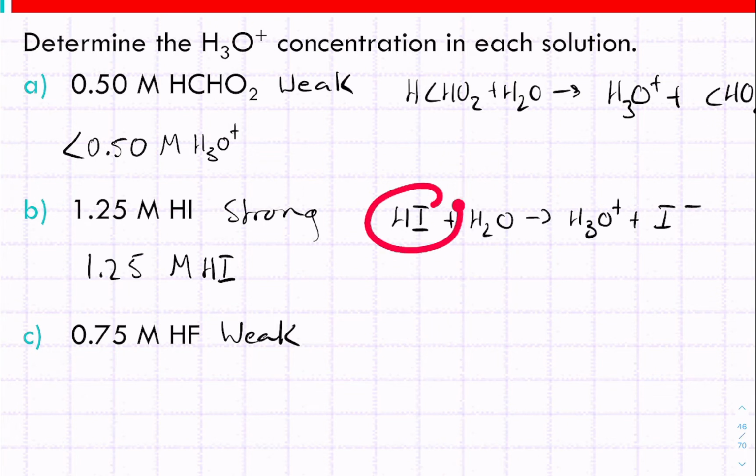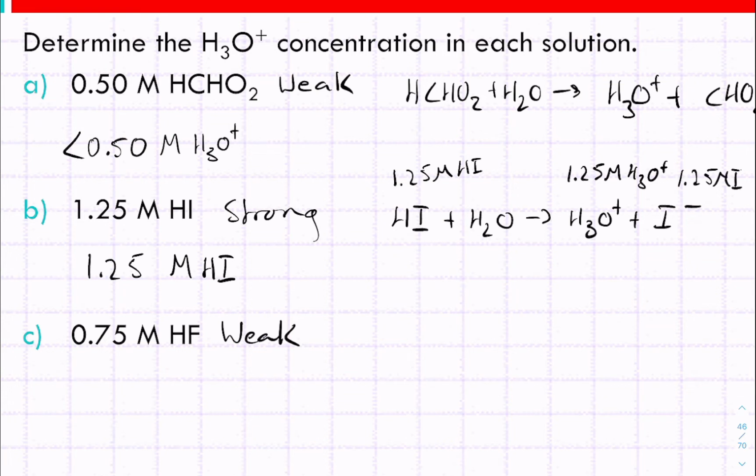So all of the hydroiodic acid that we put into the solution will split apart into these ions. So if we start with 1.25 molar HI, after that's reacted and reached equilibrium, we'll have 1.25 molar H3O plus and 1.25 molar I minus.